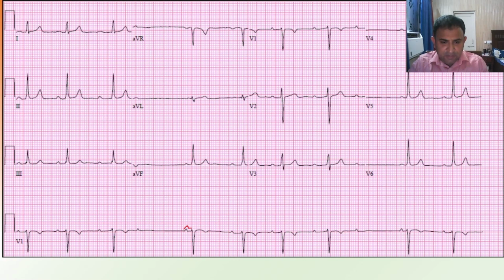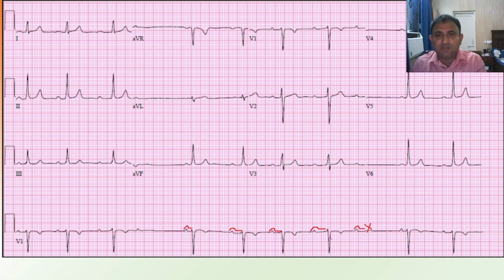So what happens in a type 1 Mobitz block is, you see here, this PR interval keeps on increasing, and then what happens? This P is not getting conducted. So when this happens, there is a gradual increase in the PR interval.